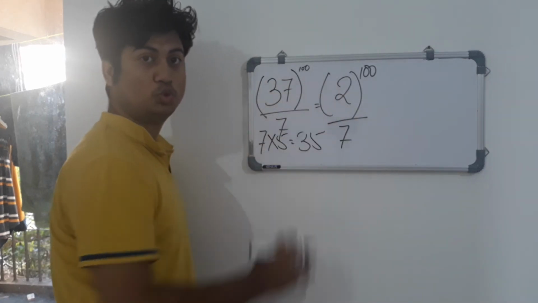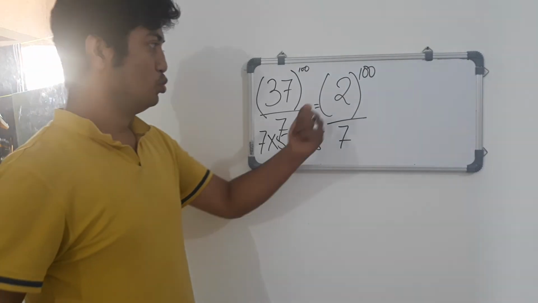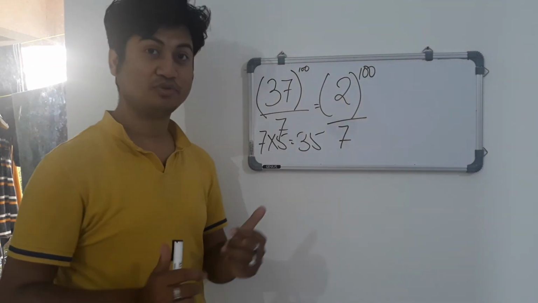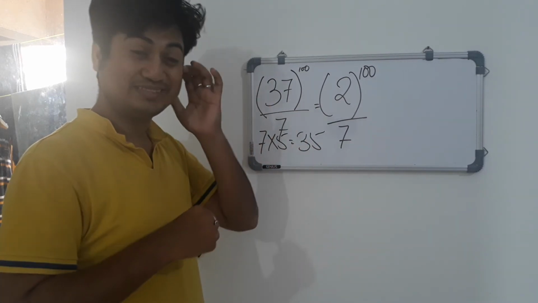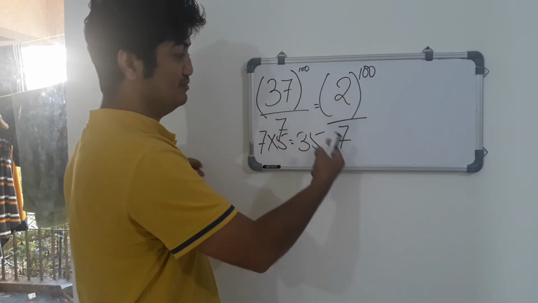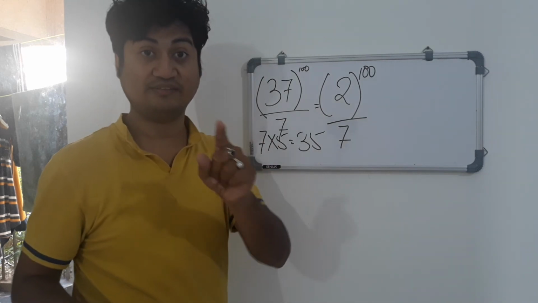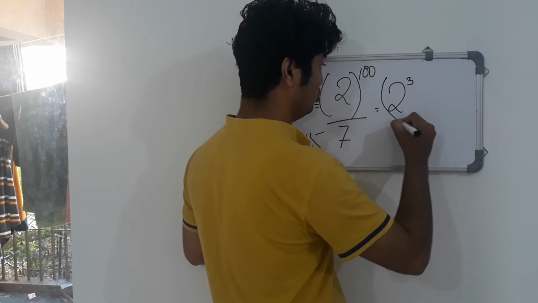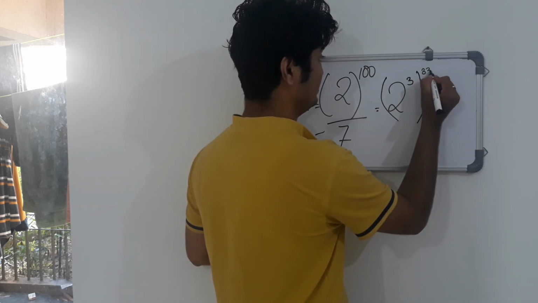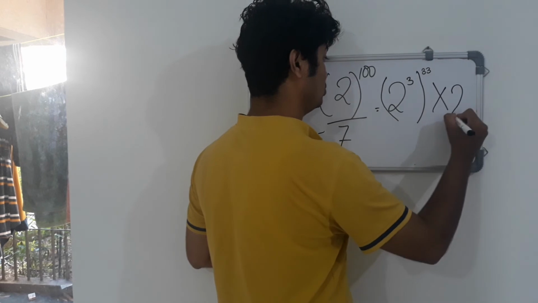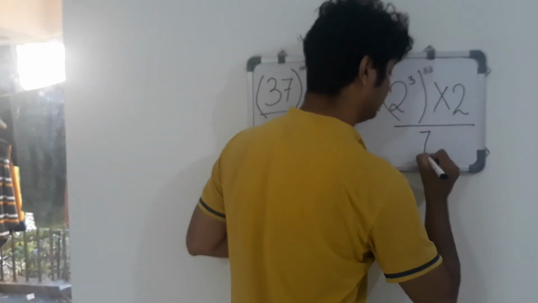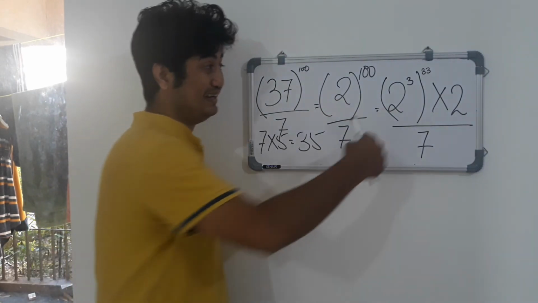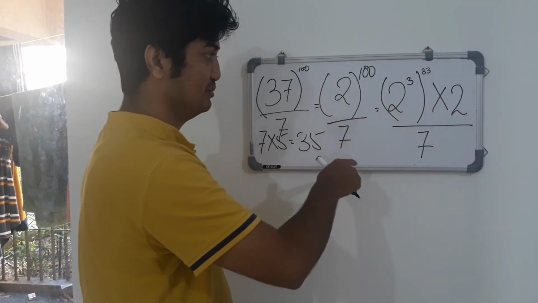Now, what power of 2 has the lowest remainder with 7? If you remember from the previous examples we solved, 2 cube is 8, which has a remainder of 1 with 7. So I can break this into 2 cube whole to the power 33 into 2 by 7. So 2 cube to the power 33 is effectively 2 to the power 99, into 2 is 2 to the power 100, divided by 7.